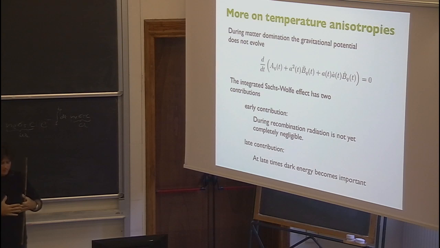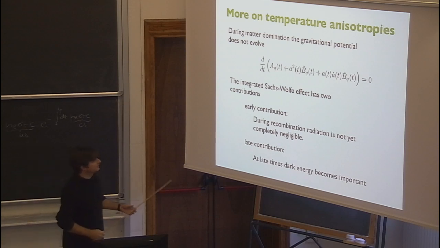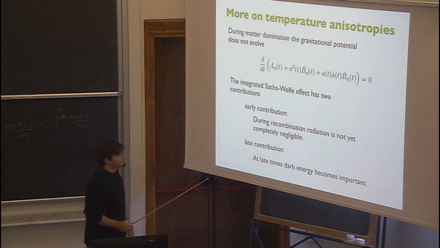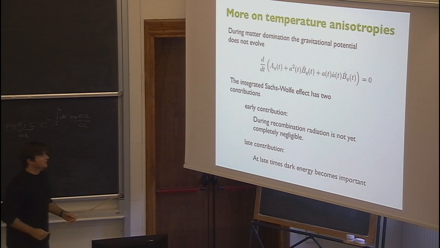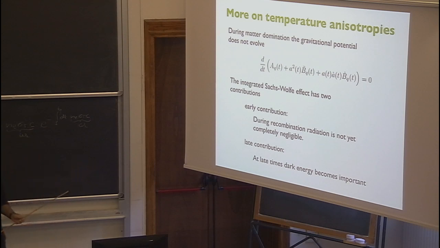There's still some remnant of the radiation, so there's some contribution from radiation at early times around last scattering that leads to an effect. This is referred to as the early integrated Sachs-Wolfe effect. And then there's a late time effect from when the cosmological constant or dark energy takes over.